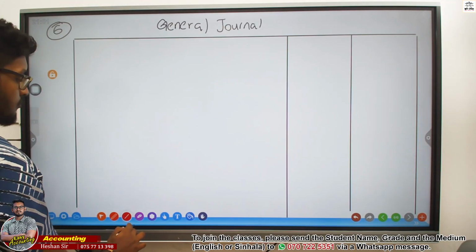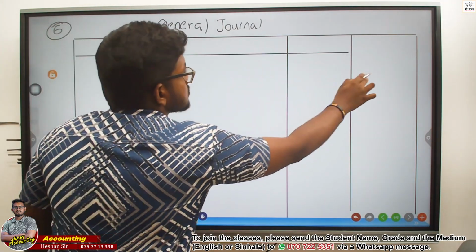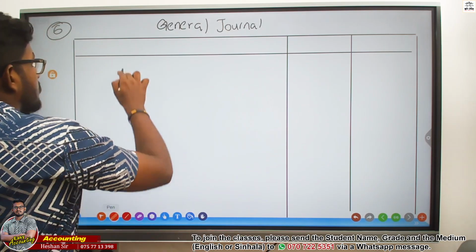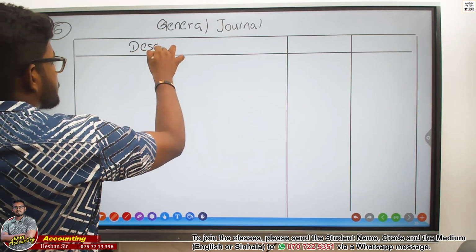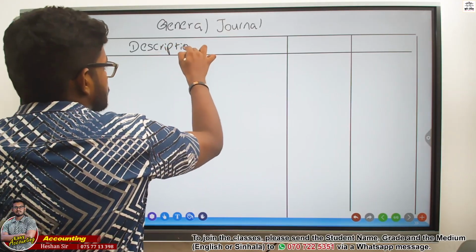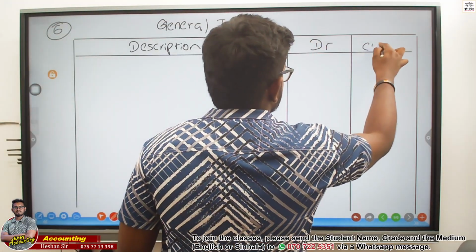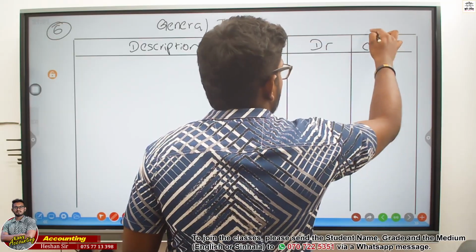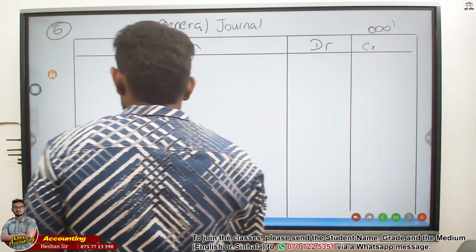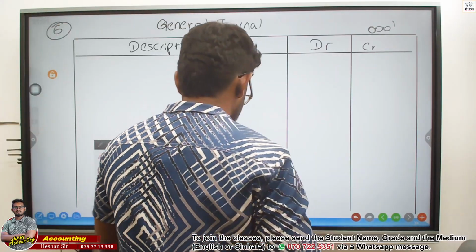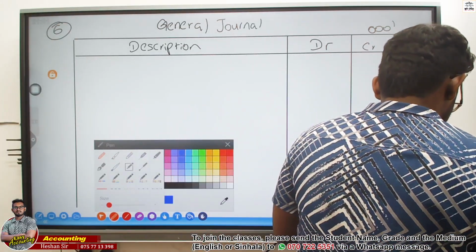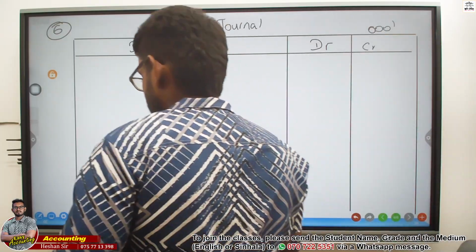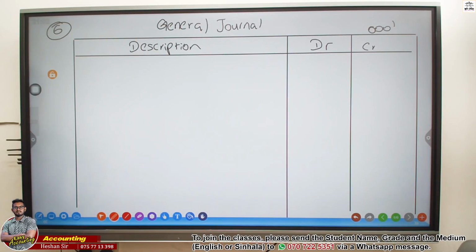Description, dividend credit. Let's see the numbers one by one.